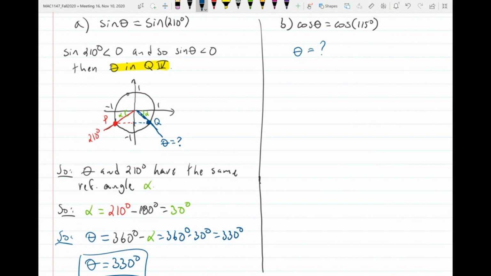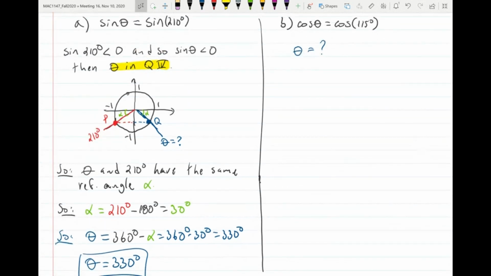Okay, anybody has an answer for theta? This is something that you can do really quick.